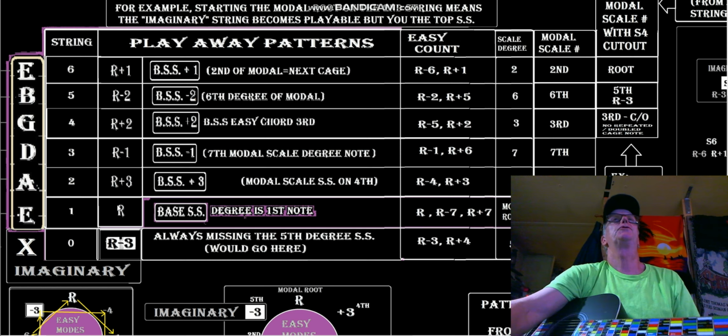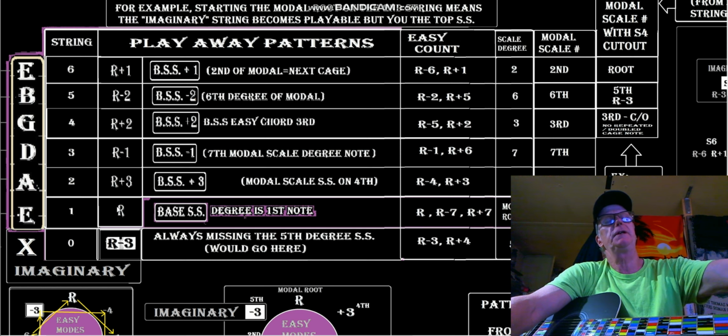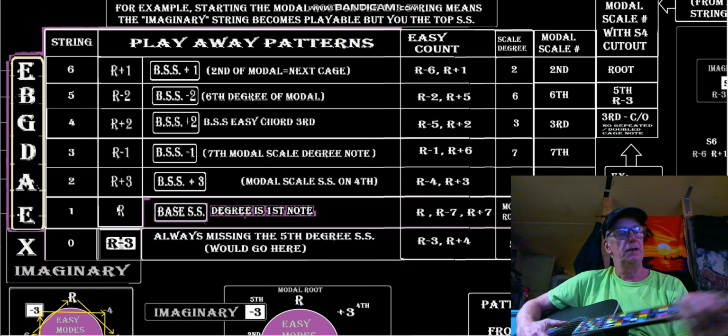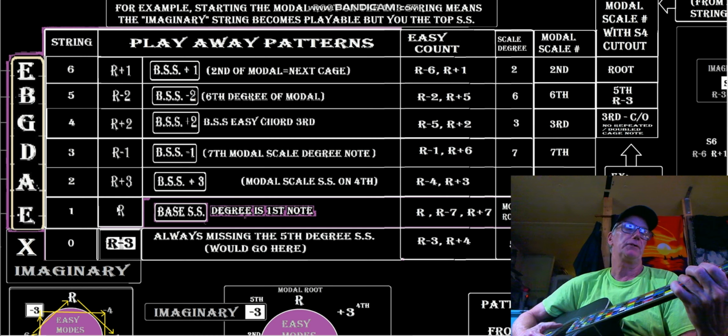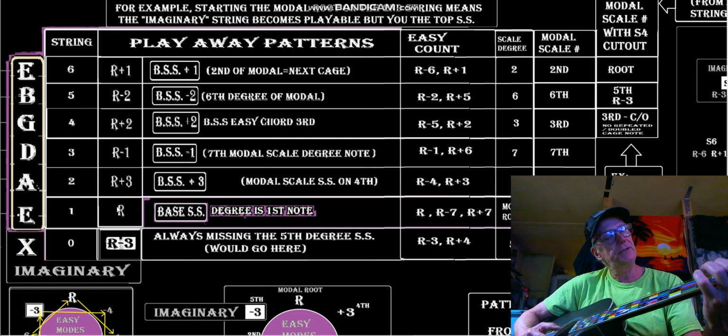So that's just root plus 3. Here's root, here's 1, 2, 3. So that's easy, right? Because they're all root plus 3. Root, 2, 3 plus 3 is 4, 5, 6. Plus 3 is 7, root, 2. Plus 3 is 3, 4, 5.